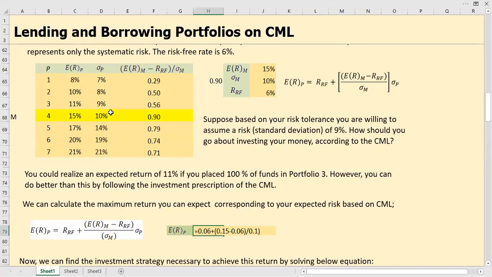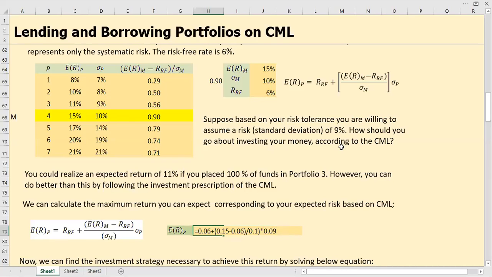And multiply that whole thing by the standard deviation of the portfolio. Now, the standard deviation of the portfolio is what we are referring to here. We are happy to bear 9% standard deviation, right? So I am going to add that 9%, 0.09, here.